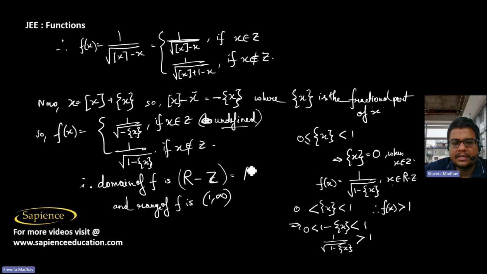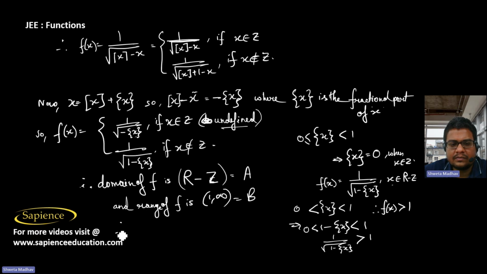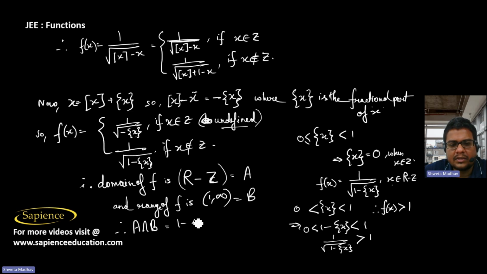So this is the set A, this is the set B. The domain of f is A and the range of f is B. Now we have to find A intersection B. A intersection B is nothing but 1 to infinity minus the integral values from 1 to infinity, which is nothing but the natural numbers.